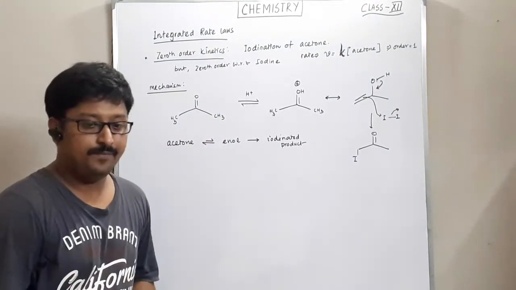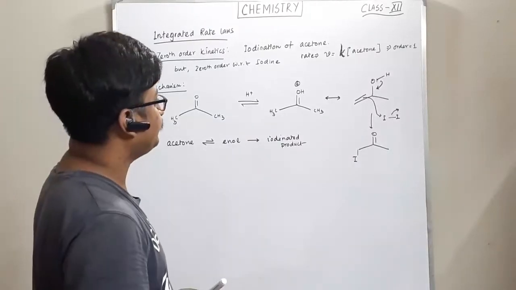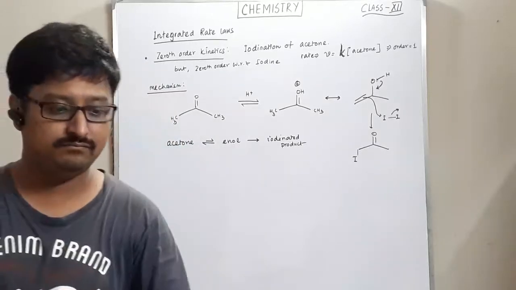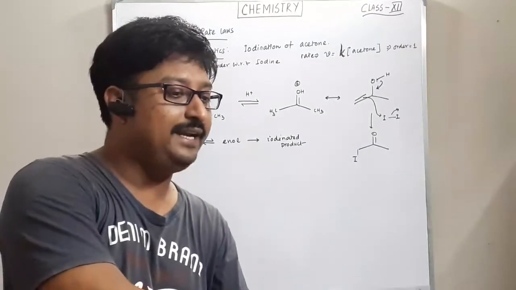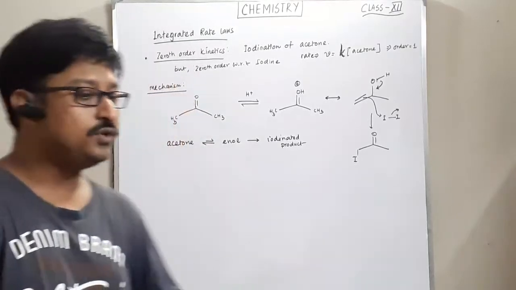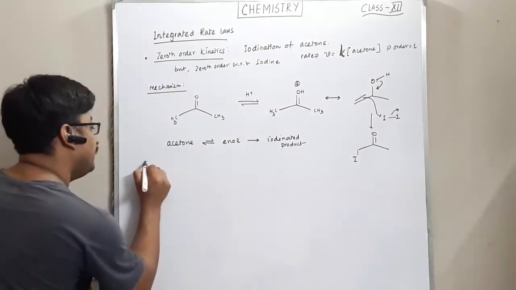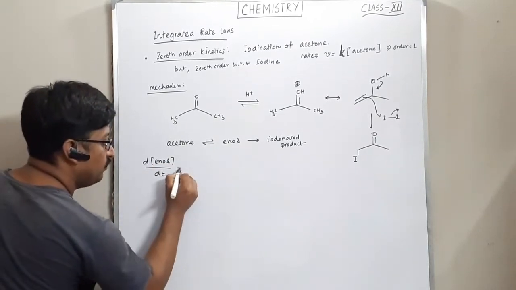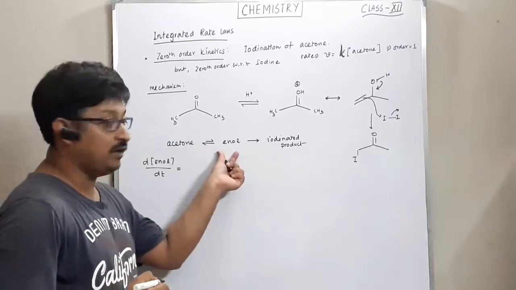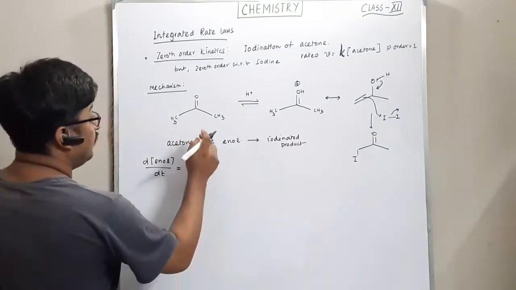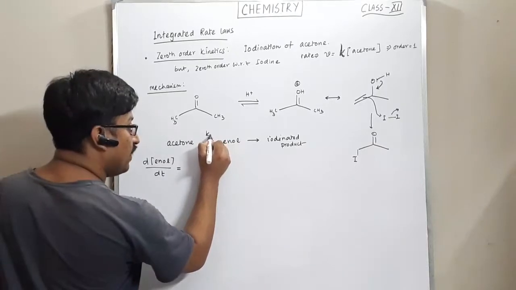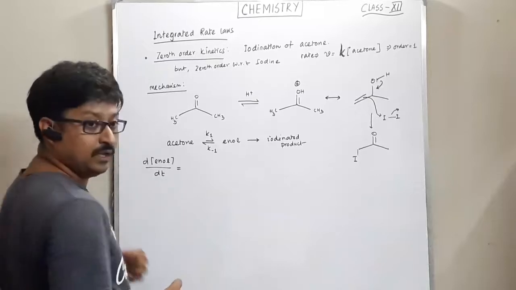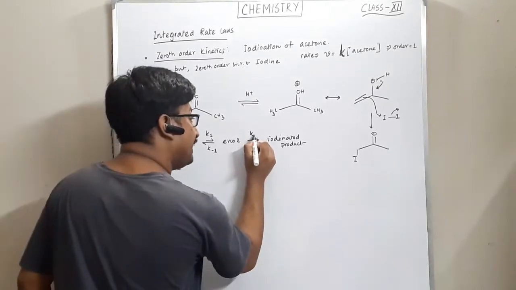Okay. Now in this reaction, your enol is the intermediate, right? So what we can write here is d of enol by dt, which will be equal to the rate of formation of the enol. Let's say the rate constant of this reaction is k1 and the backward reaction is k minus 1, and this reaction is k2.